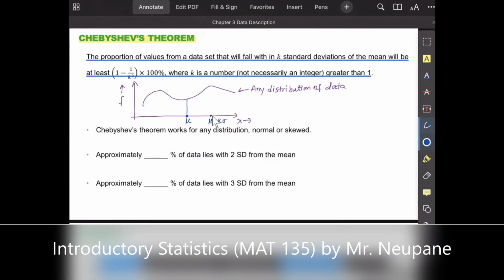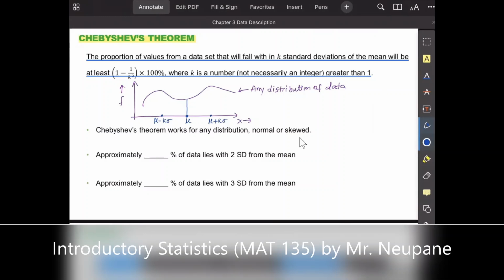And I'm also going to go down the same amount, mean minus k standard deviation. You already know how to find mean. You already know how to find standard deviation. K is any number which is more than 1. It can be 1.1, 1.2, it can be 2, 2.3. It's a number more than 1.